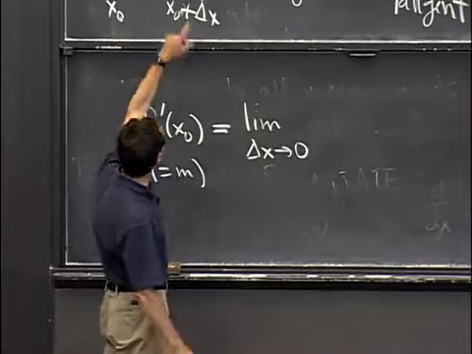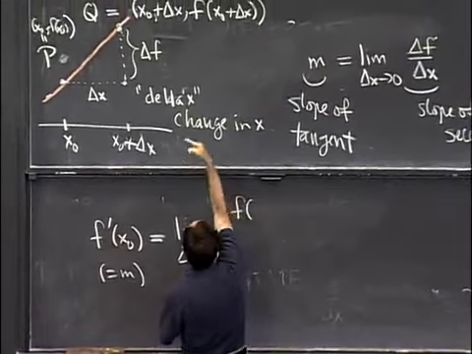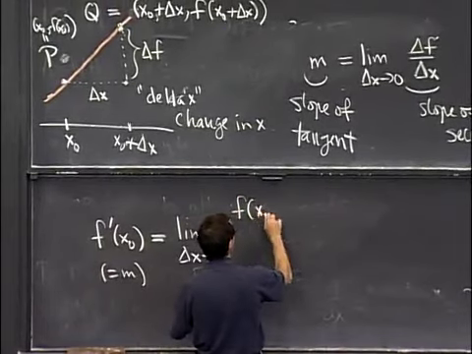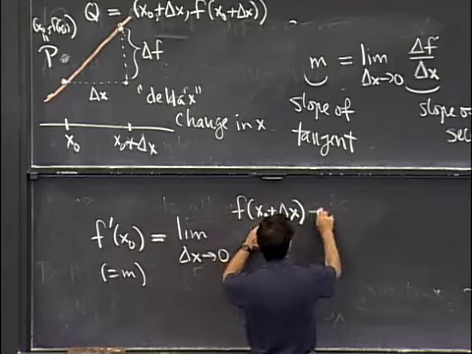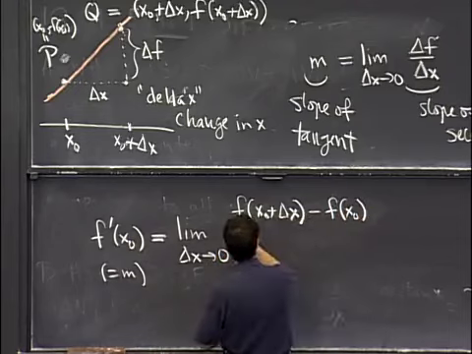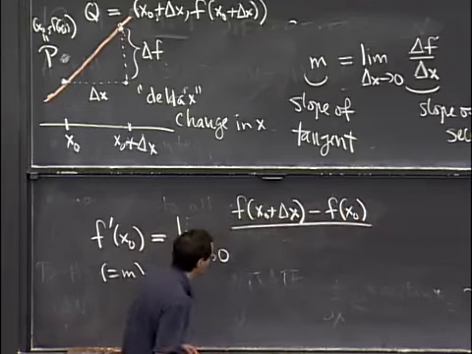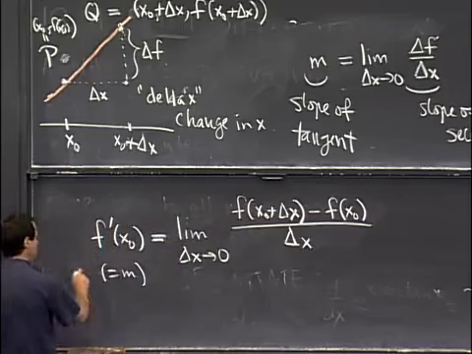Well, the change in f is the value of f at the upper point here, which is x0 plus delta x, and minus its value at the lower point, P, which is f of x0, divided by delta x.